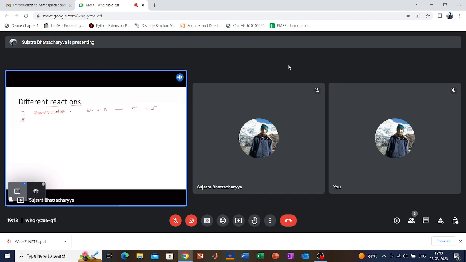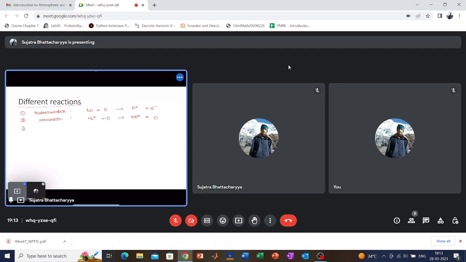So that is photoionization. Another is conversion. There are many reactions corresponding to each of them, but I am writing only one. So N2 plus oxygen give NO plus O. This is the conversion reaction.